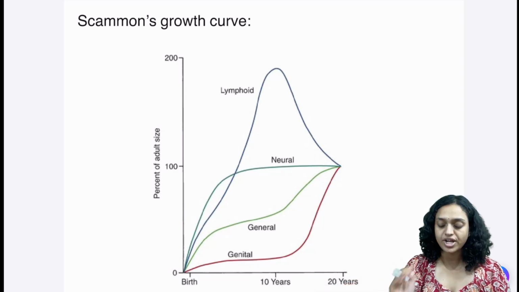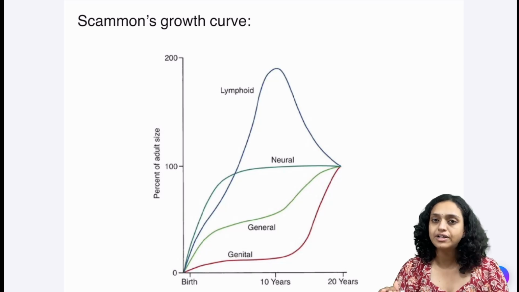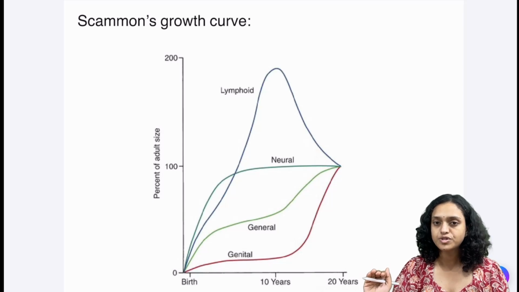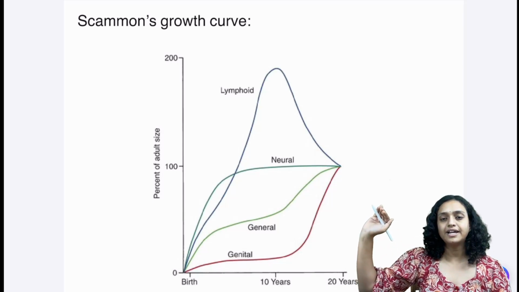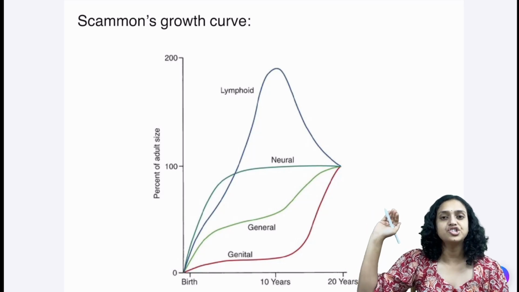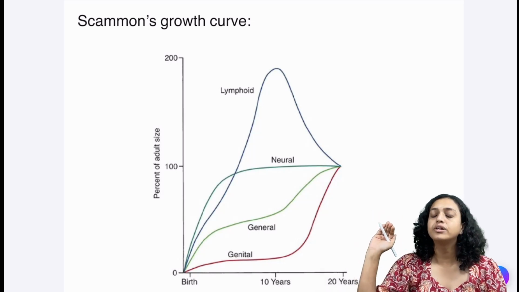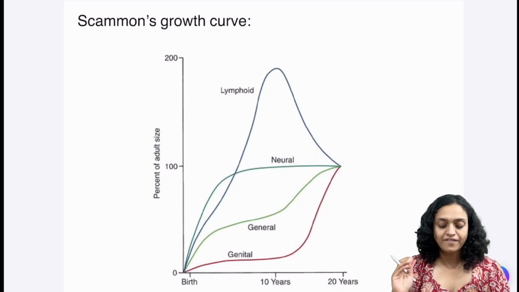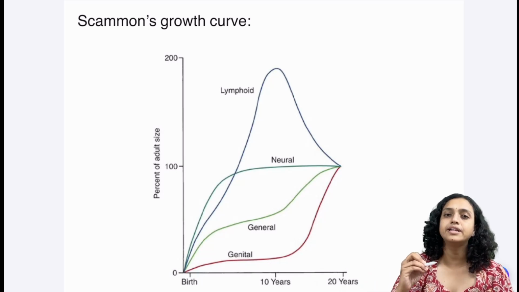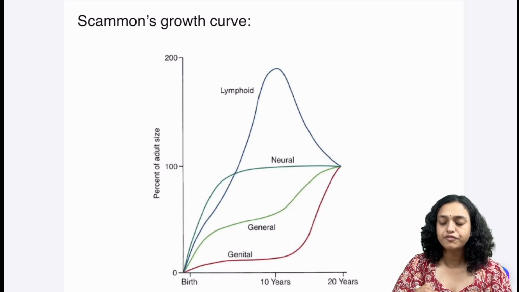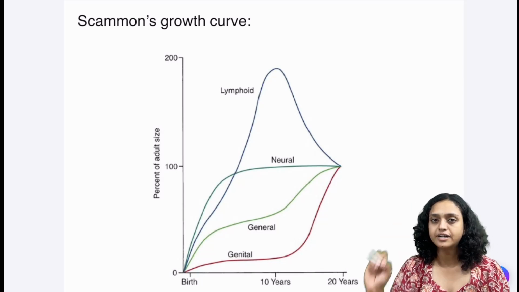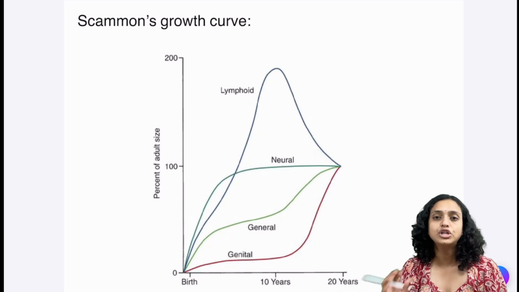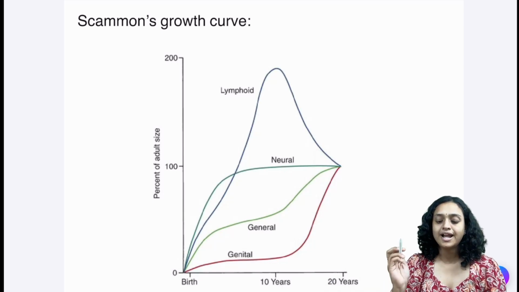Then there's your genital curve, which does not develop until puberty, and during your pubertal growth spurt, it suddenly increases in size and reaches maturation at around 20 years of age. Your lymphoid curve follows negative growth, wherein there is a rapid increase in size during the first 10 years of life, and it suddenly drops, shrinks, or involutes, showing negative growth till adulthood.